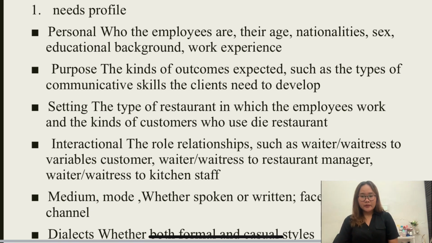Number eight is anticipated events, for example, gathering, taking orders, clarifying communicative information, and describing menu items. Number nine, key, for example, unhurriedly, quietly, and politely. Okay, maybe that's all. Thank you.